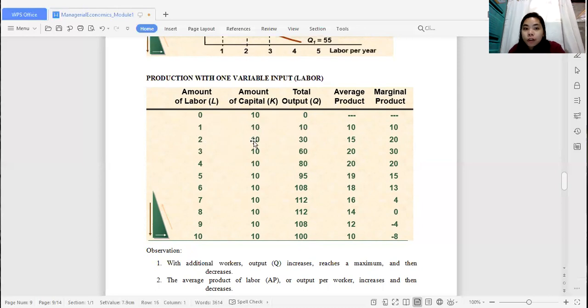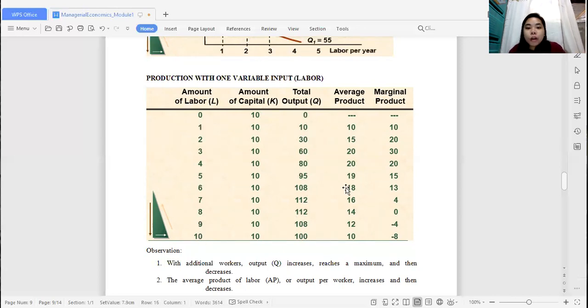With 2 units of labor, the same unit of capital, you can produce 30 units of output. If you have 3 units of labor, then you can produce 60, and so on. So that's our total output. We do not multiply or divide anything here. Total output is given, the level of output that can be produced with these units of input.